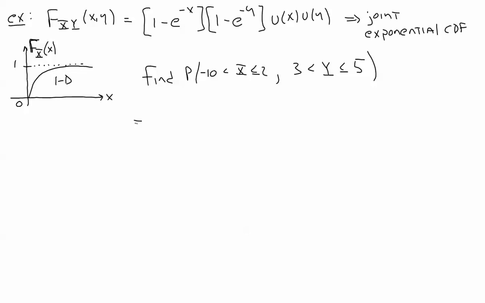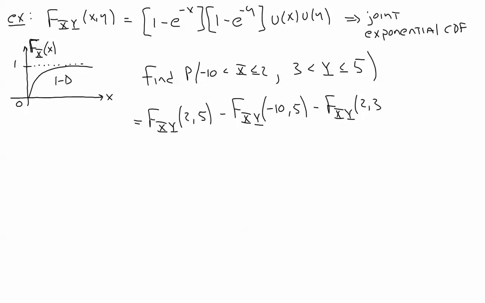My probability equals the cumulative distribution function evaluated at 2, 5, that's x2 and y2, minus my cumulative distribution function evaluated at minus 10, 5, minus the cumulative distribution function evaluated at 2, 3, plus the cumulative distribution function at minus 10, 3. All right.